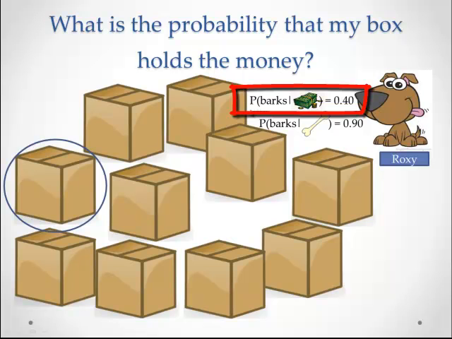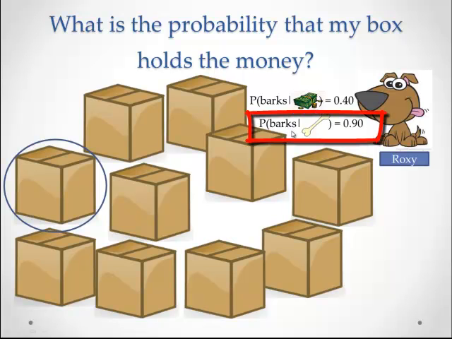The first thing that we have is the probability that Roxy will bark given that the box has some money, and that's equal to 40% of the time. That means that sometimes he mistakenly barks, so that would be like a false positive if we're thinking about a test. On the other hand, he barks 90% of the time given that the box holds a bone.